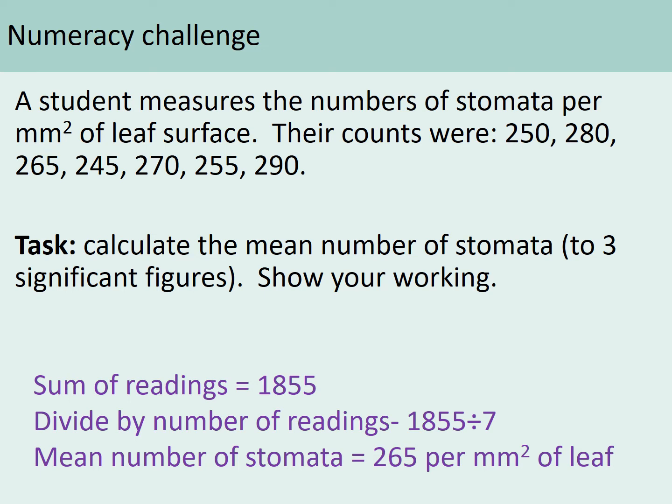Now if I take that number and divide by 7, because there's 7 readings, you'll get 265, 3 significant figures, and that's per millimetre squared. So if you got 265 per millimetre squared, then that will be all 3 marks. So give yourself a tick for each correct thing that you did.